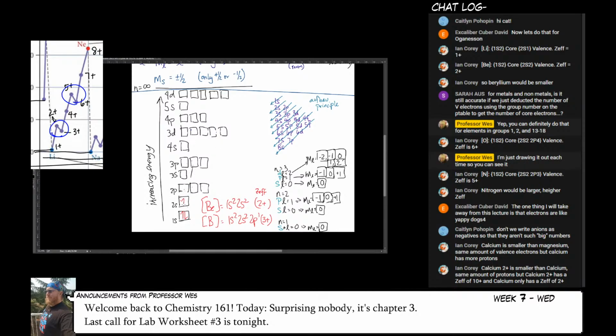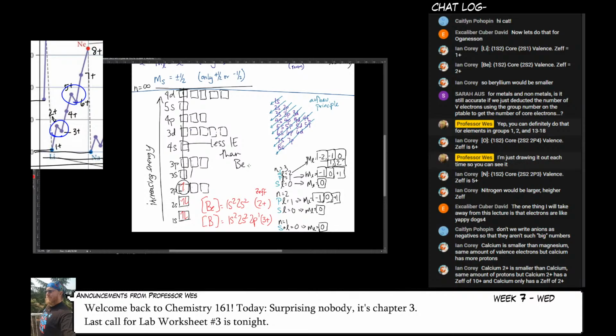All right, so we'll put beryllium back. Now I'm going to put boron in. Why does boron take less energy? Well, the 2p orbital is higher in energy than the 2s orbital.